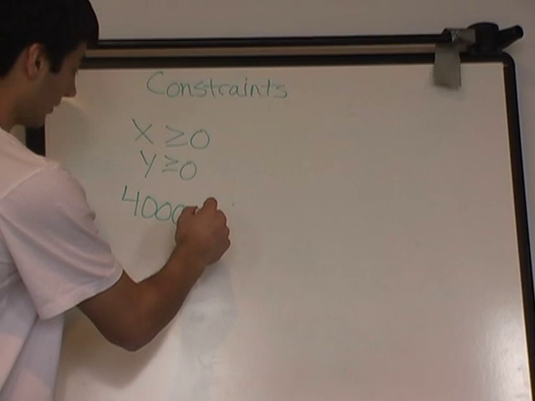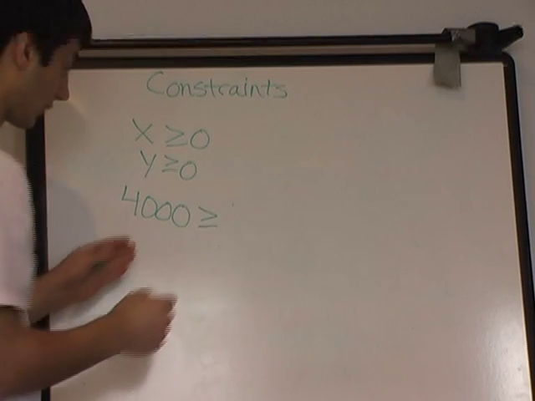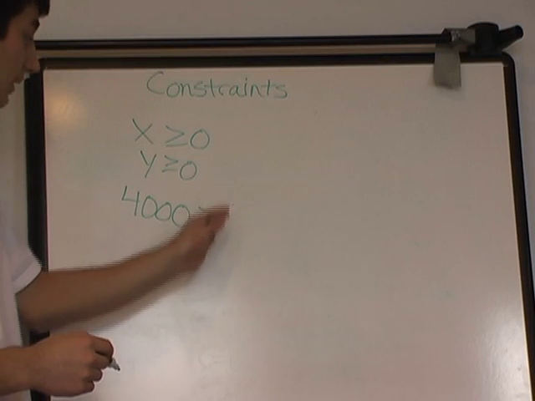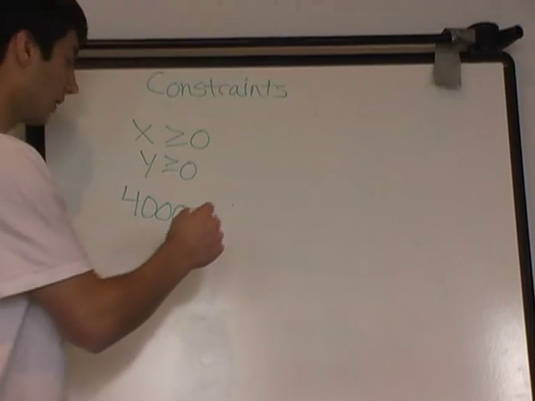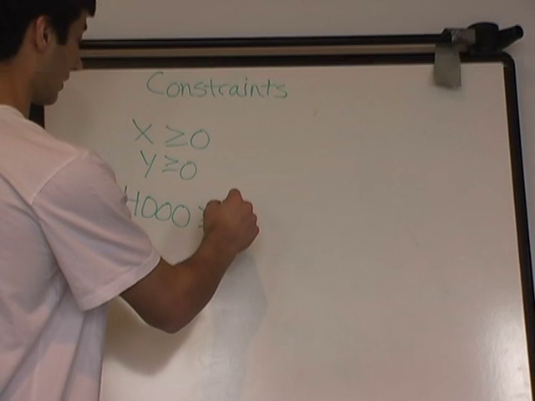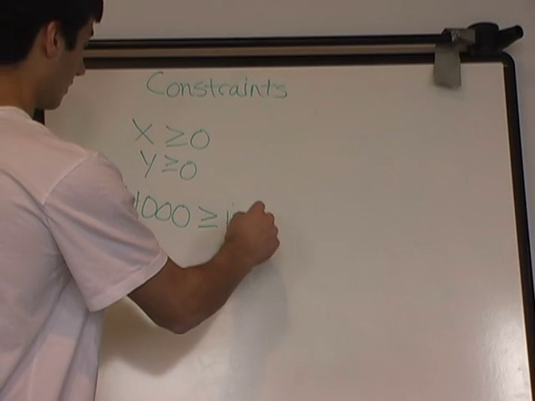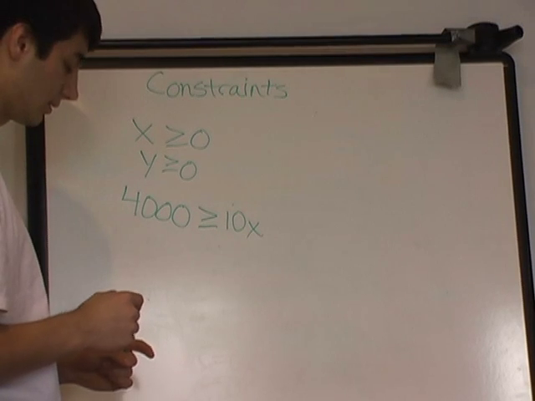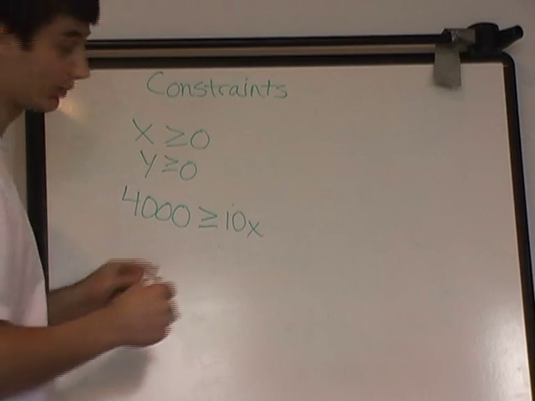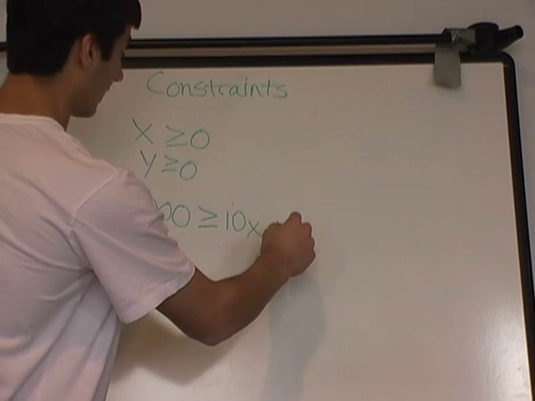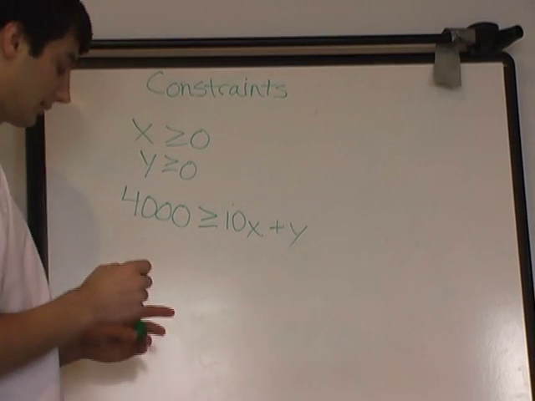So that will be 4,000 is greater than or equal to, because on this side is the amount of labor. In this case, Plant A has 10 hours per bike for general labor, and Plant B has 1 hour per bike.